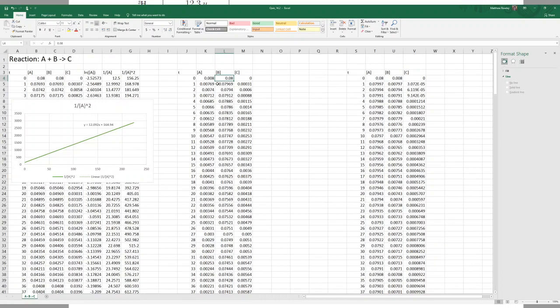And so what this does is it means that the concentration of B raised to whatever power it's raised to is going to be constant over the course of this reaction. And we can kind of wrap that into the rate constant.